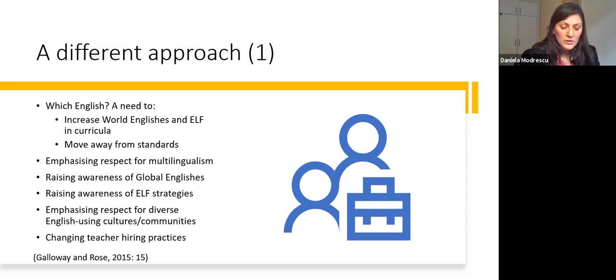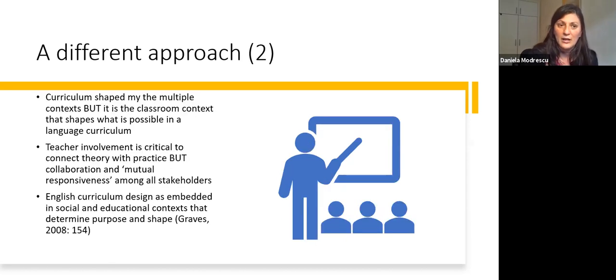An English language curriculum, they also propose, should nowadays emphasize respect for multilingualism and plurilingualism, raise awareness of the different languages, and consider hiring practices better, giving value to knowledge and experience more than to nativeness.